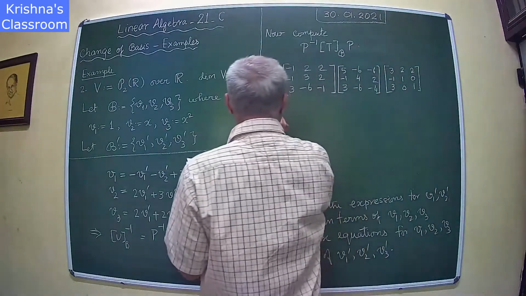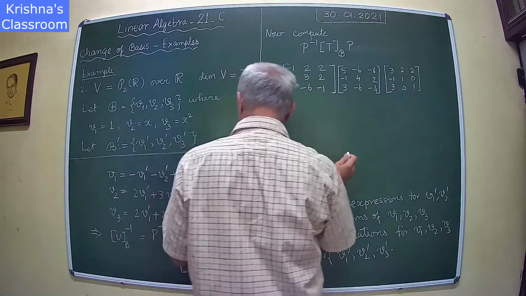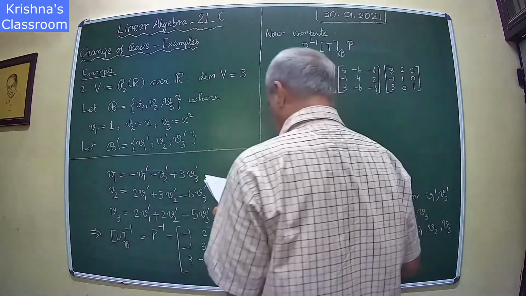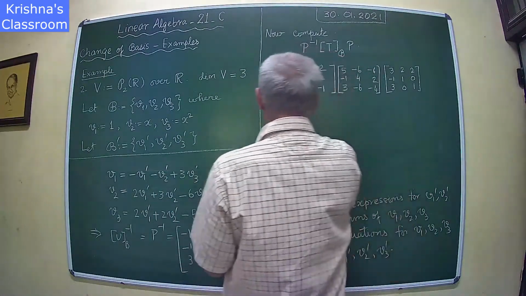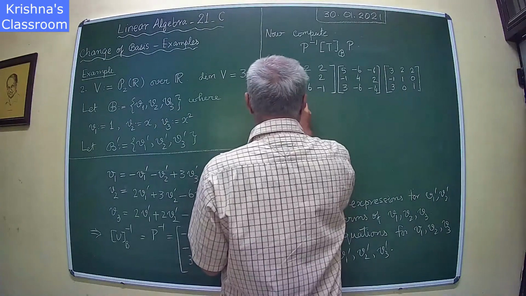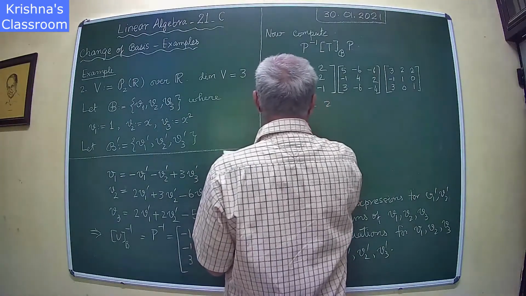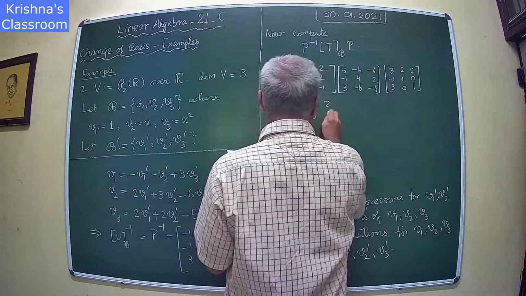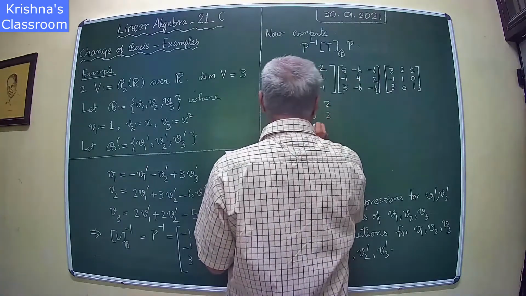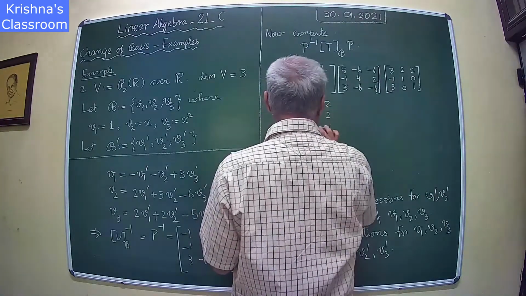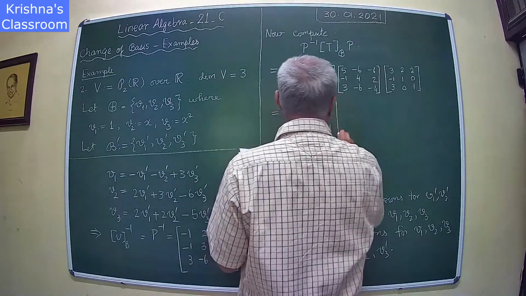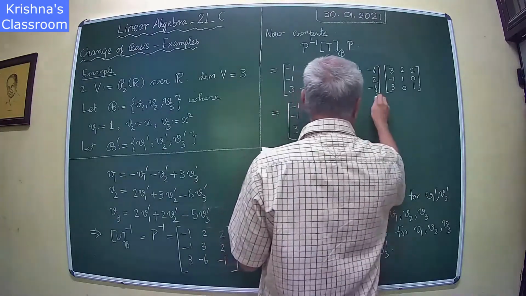And if you go through the computation, then this is equal to the matrix minus 1, 2, 2, minus 1, 3, 2, 3, minus 6, minus 1, multiplied by the product of these two matrices.